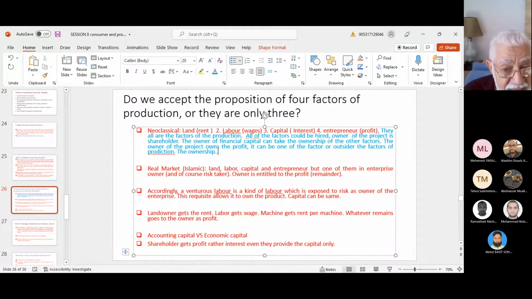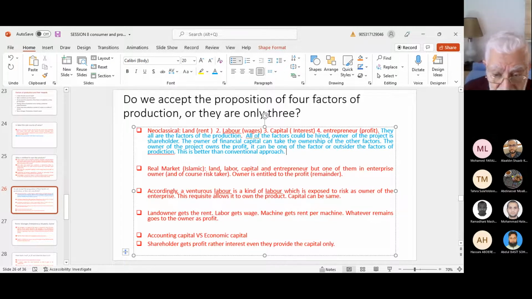Is that a more realistic understanding than the conventional theory that says there is interest for the capital, and the profit goes to the entrepreneur? Isn't that too simplifying to the extent that you become wrong? Because the entrepreneur may not be the owner of the project, maybe also hired, and because capital does not earn interest.